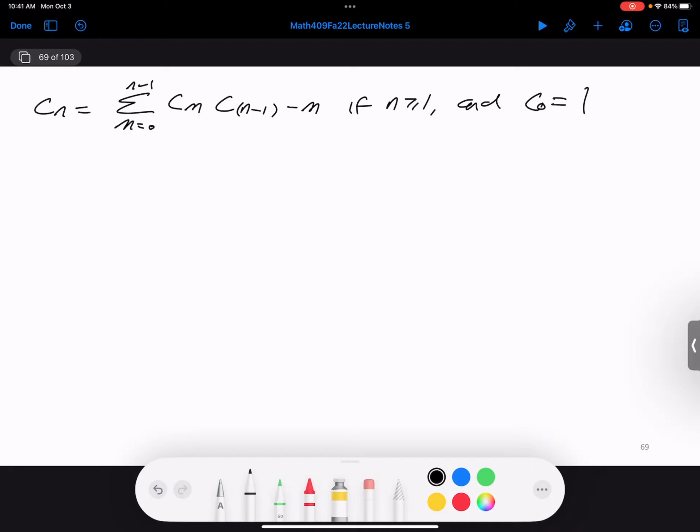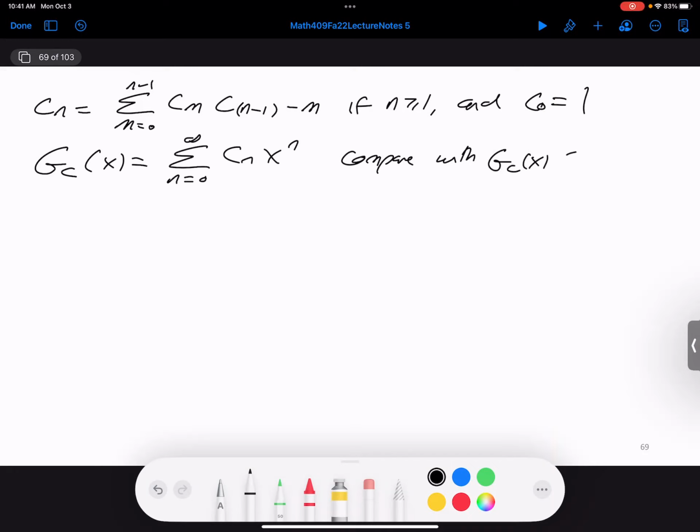So we want to try to figure out what's going on. If I look at GC of x, this is going to be the sum, n goes from 0 to infinity of Cn x to the n. And I want to compare it with GC of x times GC of x. What's the constant term of GC of x times GC of x? This is going to be C0 plus C1x plus C2x squared plus dot, dot, dot.